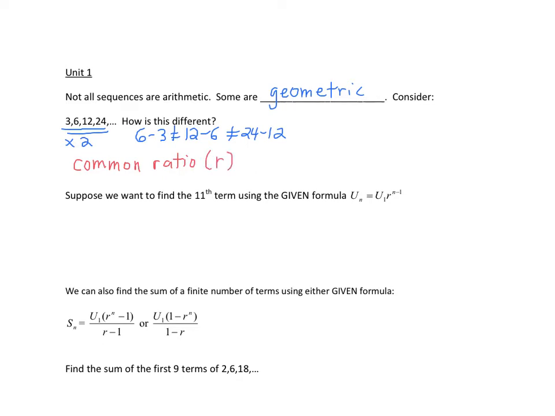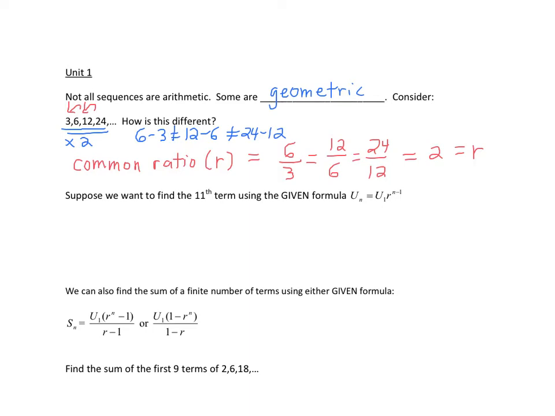And the idea here is, since it's a ratio, it's a fraction, if we were to work backwards, just like we work backwards with arithmetic, but instead of subtracting, if we worked backwards and divided, notice that 6 divided by 3 is the same as 12 divided by 6, which is the same as 24 divided by 12. All right, you get a common ratio of 2. And again, we're going to use a lowercase r to represent that.